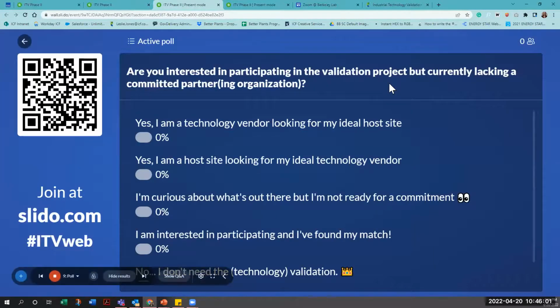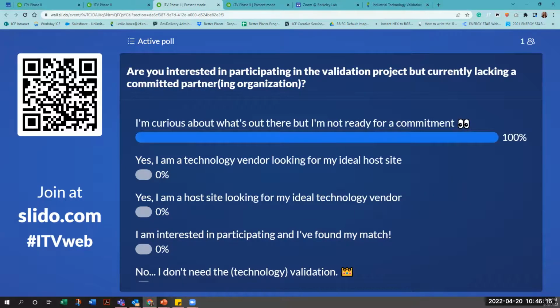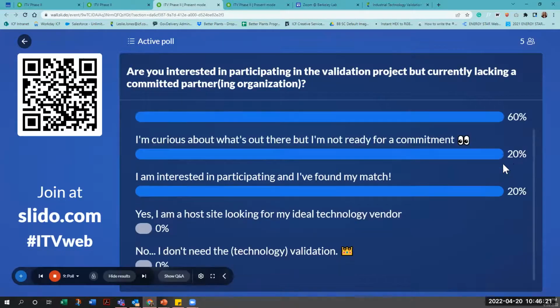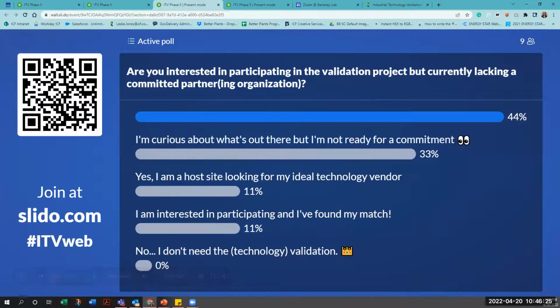All right, so if you are interested in participating in the validation project but you're currently lacking a committed partner organization, which of these represents you? Are you a technology vendor, but you need to find a host site? Are you a host site, but you need to find a technology vendor? Do you already have your perfect pairing? Or this last one, no, I don't need the technology validation.